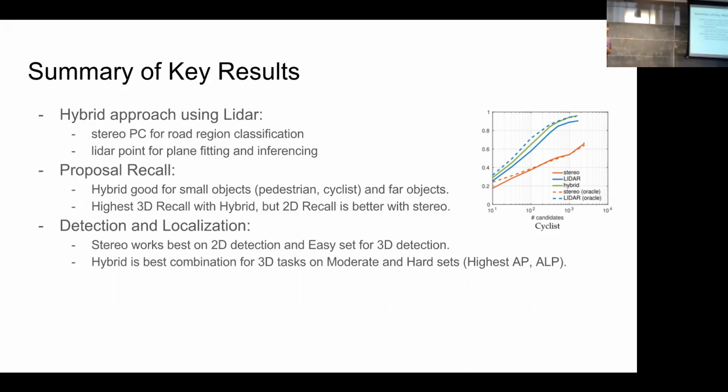For proposal recall, using hybrid gives a very significant boost for small objects and far away objects. We can see on the right that for cyclists there's at least 20% better recall using hybrid data than stereo, which is a big implication that maybe there's something about accuracy that we need to focus on rather than just sparsity.